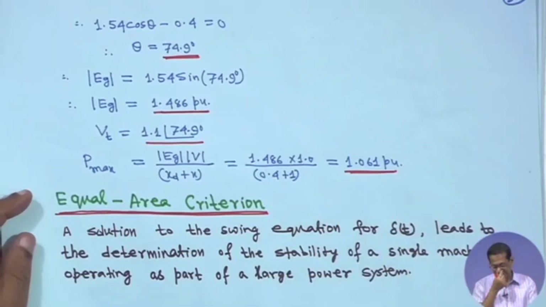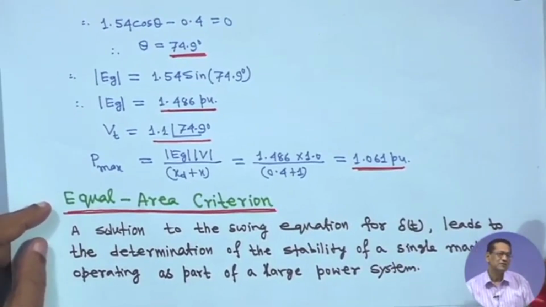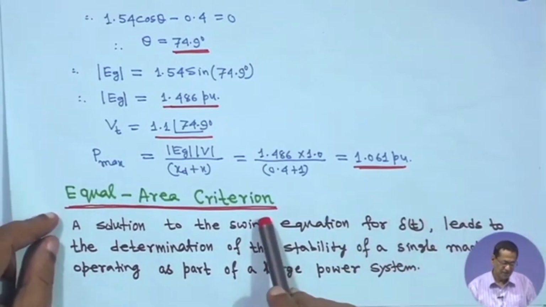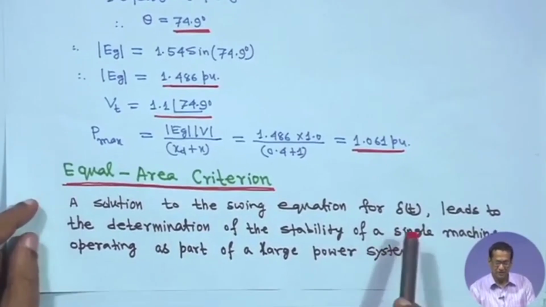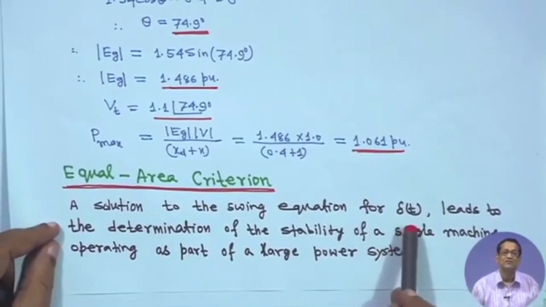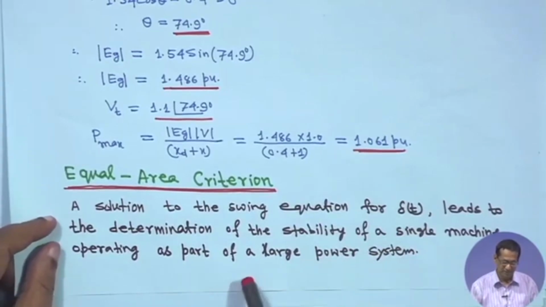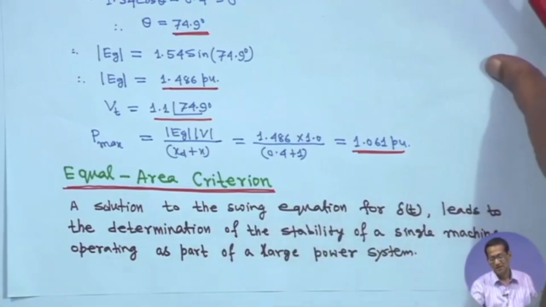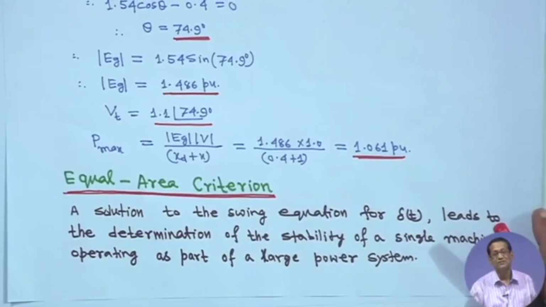With that, we have taken a few examples from the point of view of the swing equation as well as steady state stability. Next, we will come to the equal area criterion. A solution to the swing equation for delta as a function of t leads to the determination of the stability of a single machine operating as a part of a large power system. For that you have to go for some iterative technique.